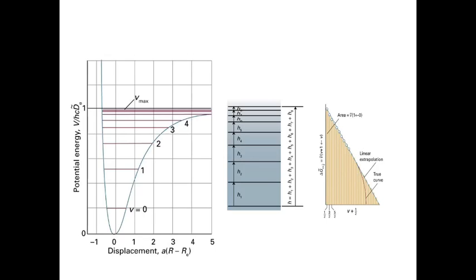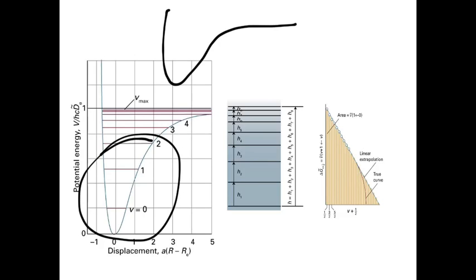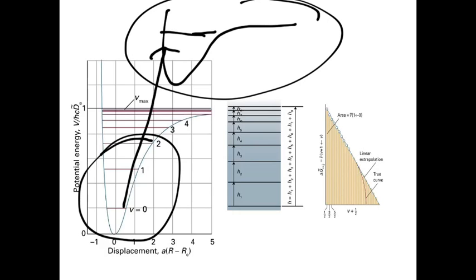Alright. Now, this is vibrational spectroscopy here, so you're just looking at the vibrations of the molecule within some potential well. In I2, we put another potential well up there, and we go from one vibrational level to a different vibrational level in the higher electronic state.